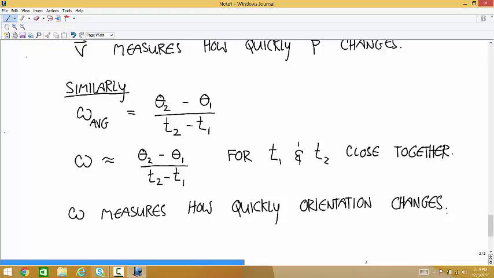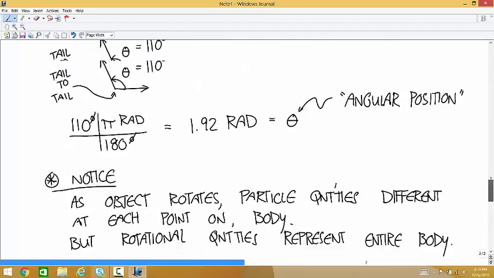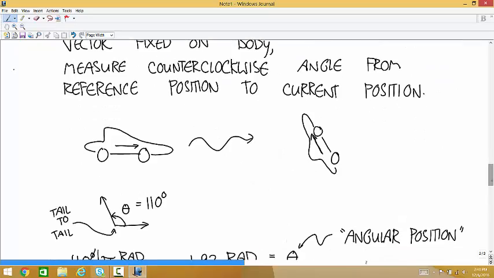Could you briefly explain the difference between position and orientation? Yeah, well, let me pull up that car picture. To measure the position, you choose a coordinate system, and then in that coordinate system, you just have some point that you're trying to track the position of. Let's say that it's the tip of that arrow.